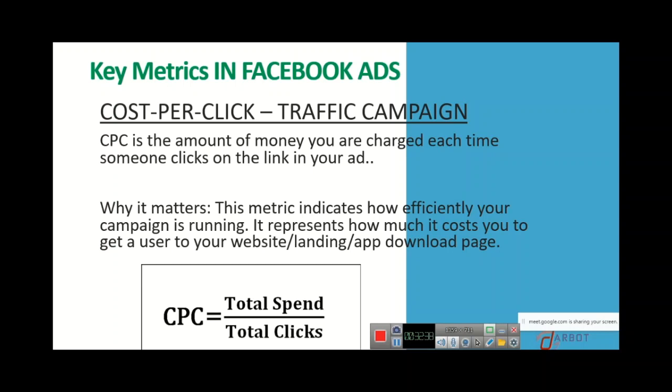So it is the amount you are charged when somebody clicks on your link or your CTA, maybe your sign up button, WhatsApp and the likes. Each time they click on that link, you'll be charged a particular amount. So if somebody clicks on your link 1,000 times, you'll be charged 1,000 times.